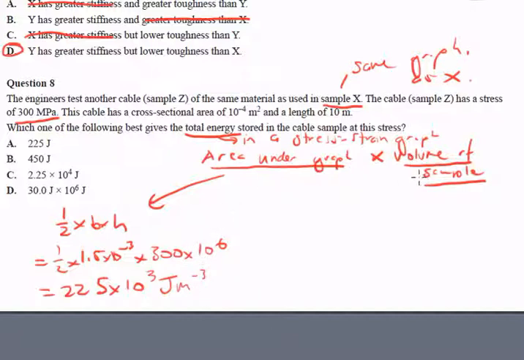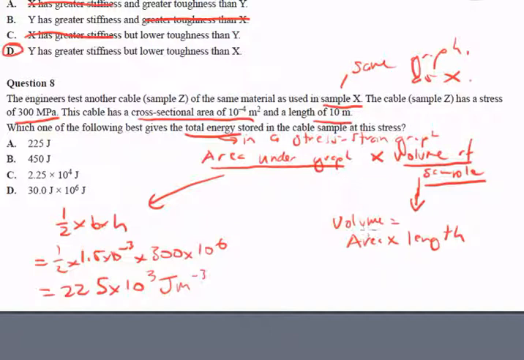Alright, the volume of the sample. Volume equals the area of the sample times the length of it. And don't get this area confused with the area under the graph we've just worked out. We're looking at the cross-sectional area here, and here's the length of it.